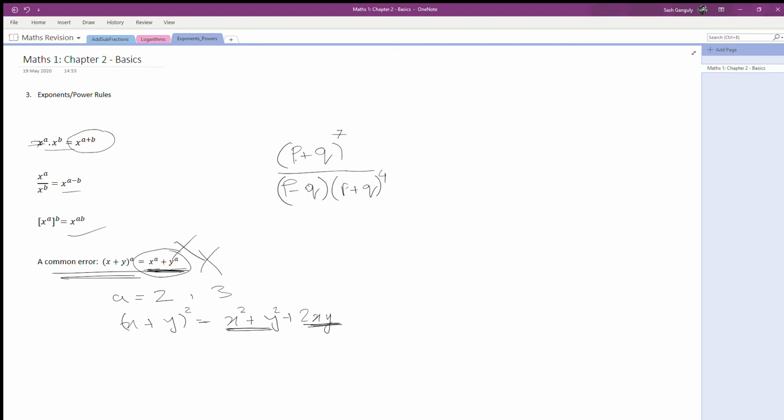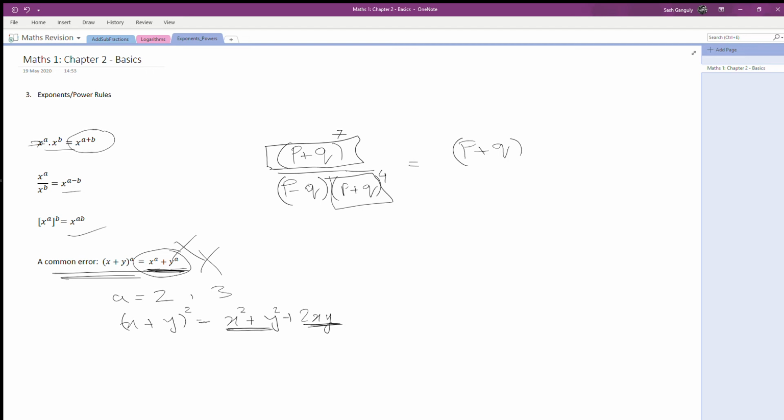The first thing we need to see is what are the terms that are common in both numerator and denominator. Clearly, it's p plus q, in the numerator and in the denominator. So what we can do is take that common term p plus q.